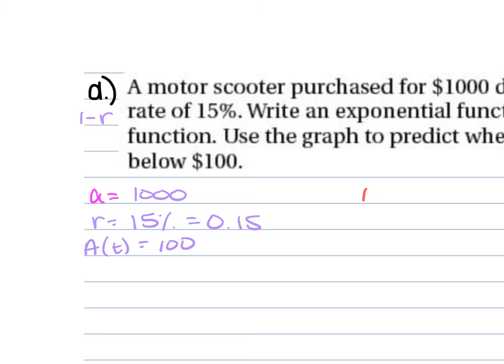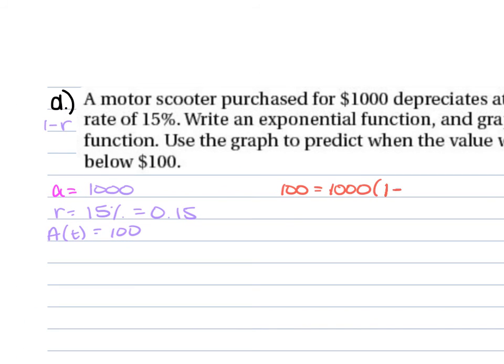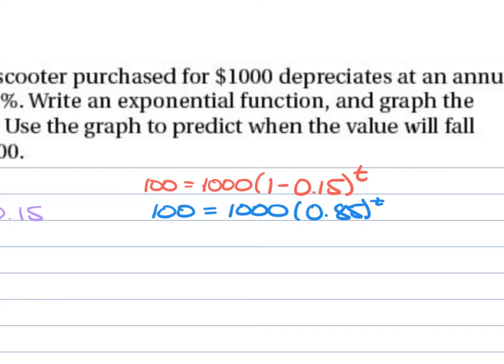So this is going to give us 100 is equal to 1,000 times 1 minus 0.15 to the power of t. The 1 minus 0.15 is going to give us 0.85. So this is the same thing as 100 is equal to 1,000 times 0.85 to the power of t. So we're going to start with 5. For 5, 1,000 times 0.85 to the 5th power gives us 444.